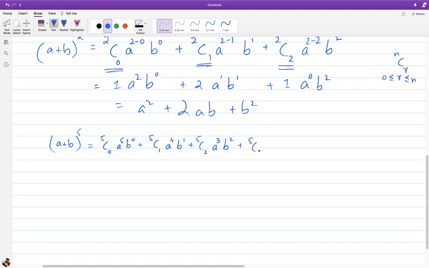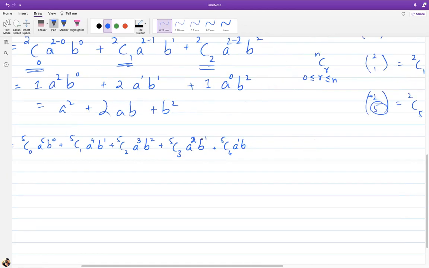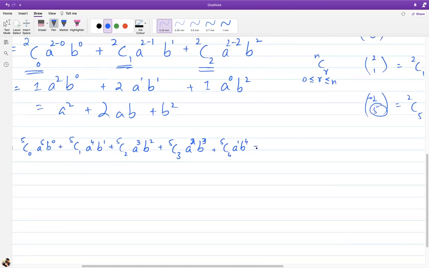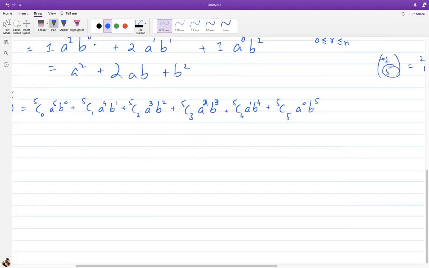Then 5 coefficient 3, a to the power 2, b to the power 3. And 5 coefficient 4, a to the power 1, b to the power 4, and then 5c5, a to the power 0, b to the power 5. Now, do you see a pattern here? What is the pattern when it comes to these numbers here? They are increasing, right? 0, 1, 2, 3, 4, 5, right?